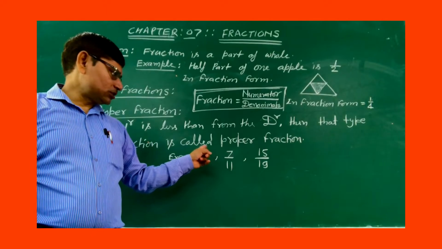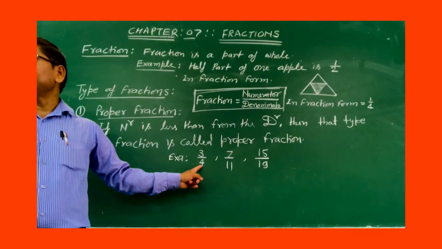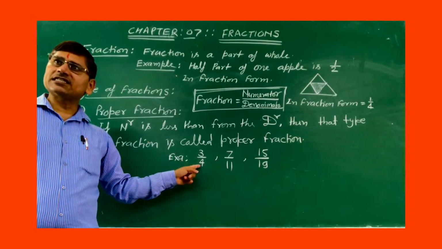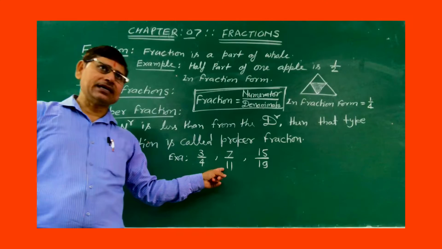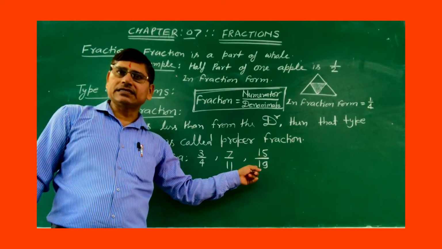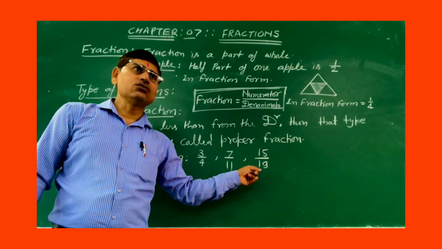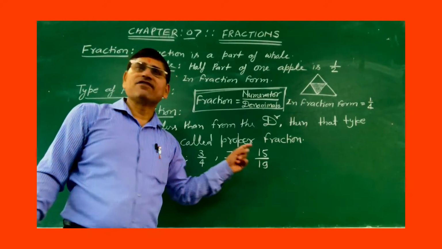Why? Because this is the numerator and this one is the denominator. Numerator is less than the denominator. Here also numerator is less than the denominator, and in this case also numerator is less than the denominator. So this type of fraction is called proper fraction.